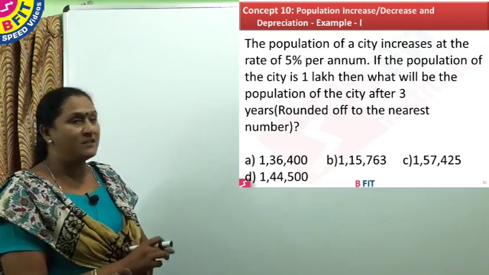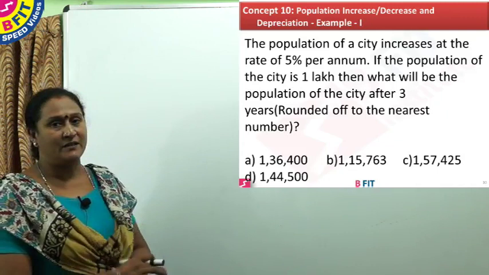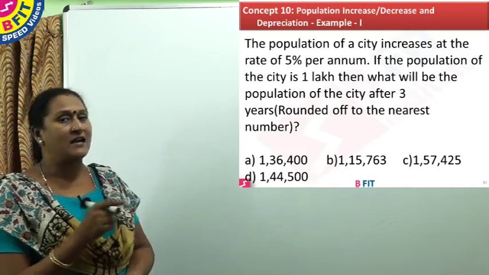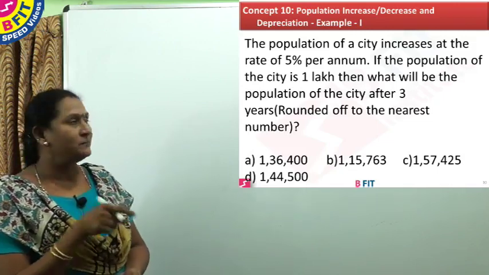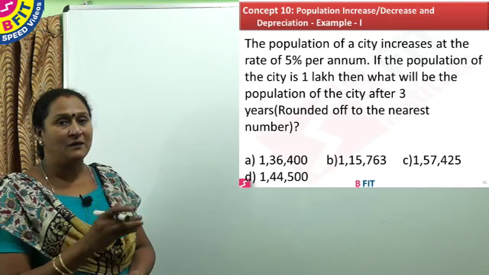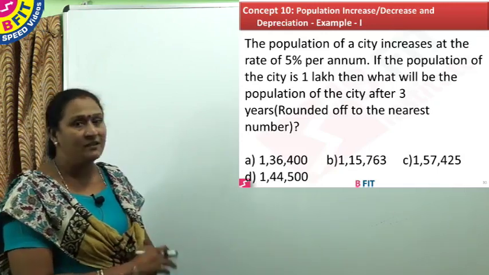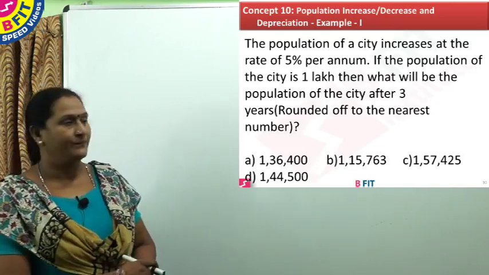It is increased by 5% every year. So the change factor will be, as it is increased, 5 added to 100. So the change factor will be 105 by 100, and this is multiplied thrice because the population is asked after 3 years.